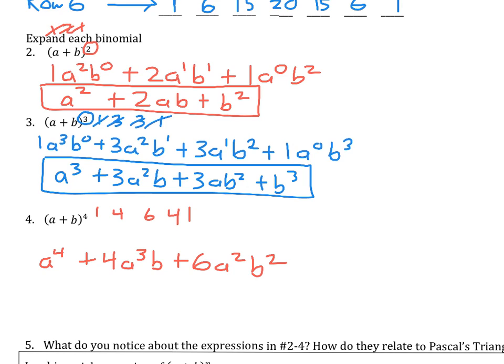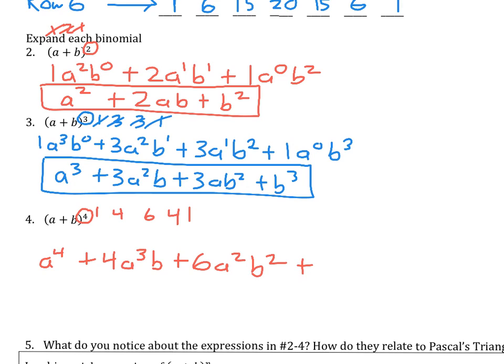Notice that if you total the exponents in every term, it always equals the exponent from the problem. So we had a to the 4th, the only exponent was 4. Then we had a cubed b to the 1st, the 2 exponents add up to 4. A squared b squared, the 2 exponents add up to 4.